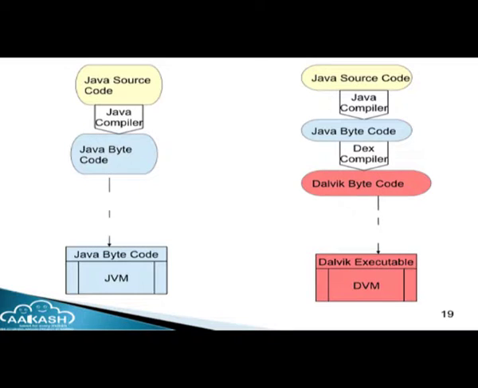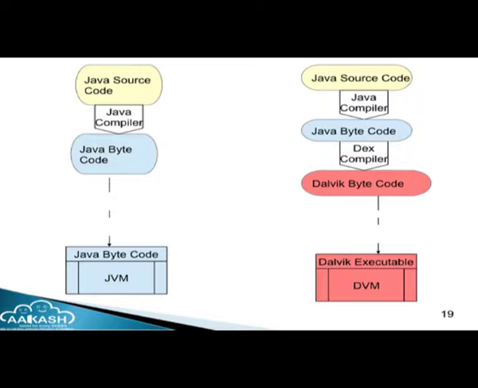Let's go next. This is actually to show how the process differs in Java and in Android, in the Dalvik virtual machine. So basically in Java, you have already seen, let's just concentrate on the left hand side diagram. The Java source code, then the compiler, Java bytecode runs on the JVM, straightforward.